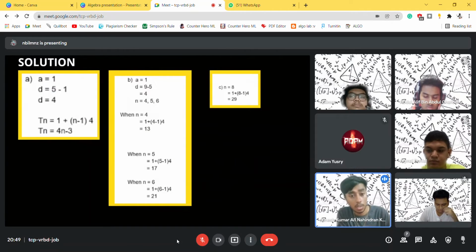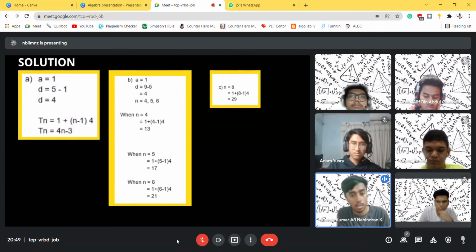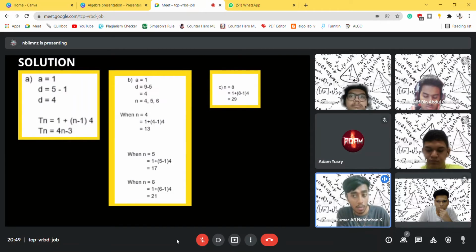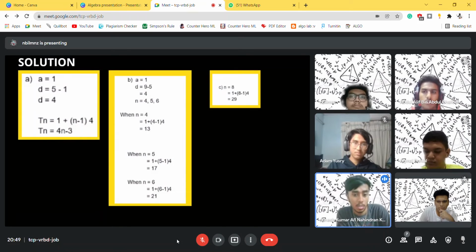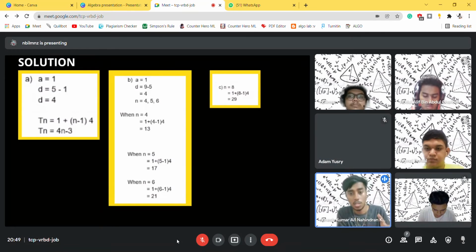For the 4th, 5th and 6th terms, we just put in the formula and get 13 for the 4th term, 17 for the 5th term, and 21 for the 6th term. As for question C, n is equal to 8, so we have to find the 8th term. It's very easy, just put it into the formula and we get the answer 29.